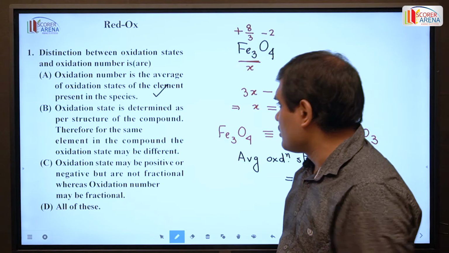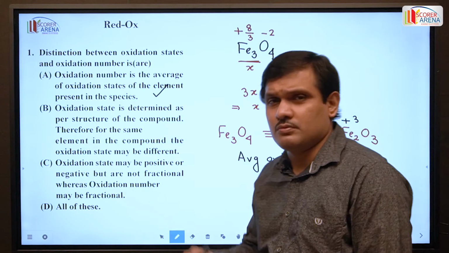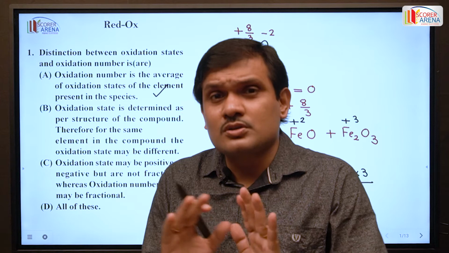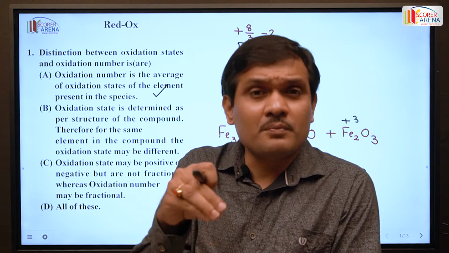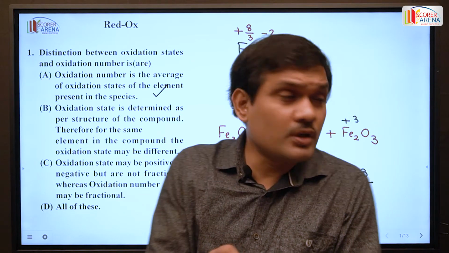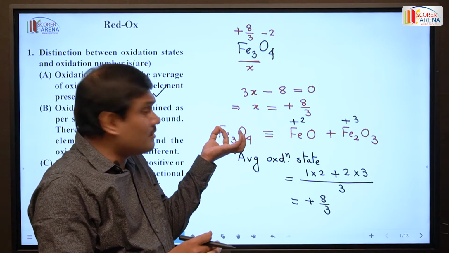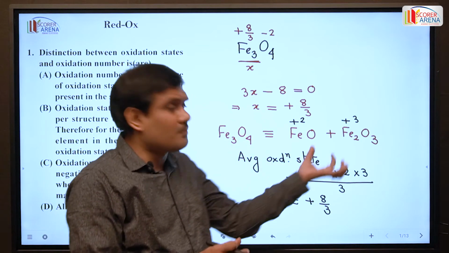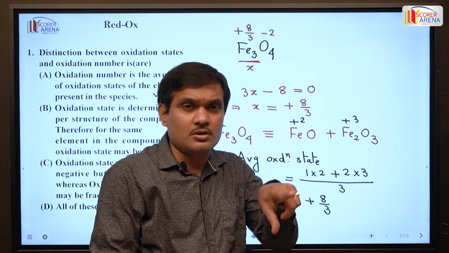Now the next statement: oxidation state is determined as per the structure of the compound. If we try to find the oxidation state, then we have to draw its structure, and from the structure we find the oxidation state. Here also in Fe3O4, practically it seems that iron is in plus 8/3, but when we study this compound, we find none of the iron is in plus 8/3 oxidation state.